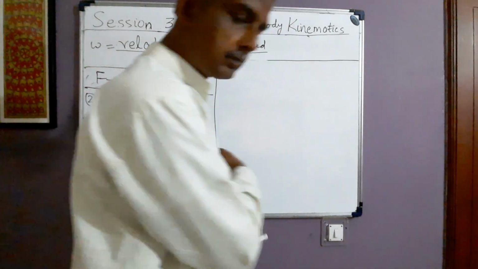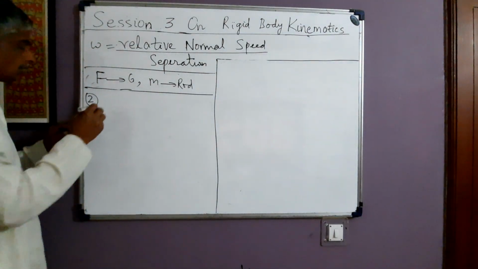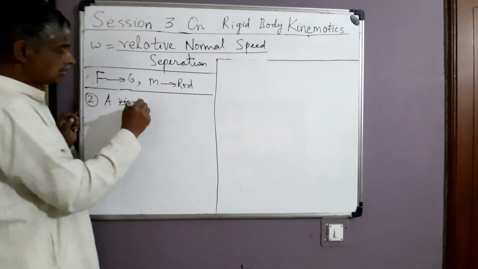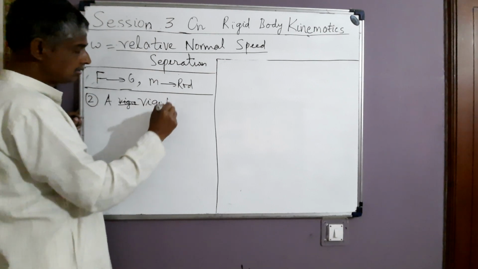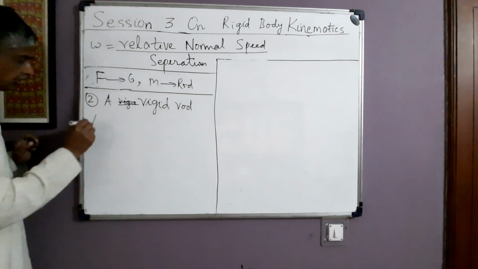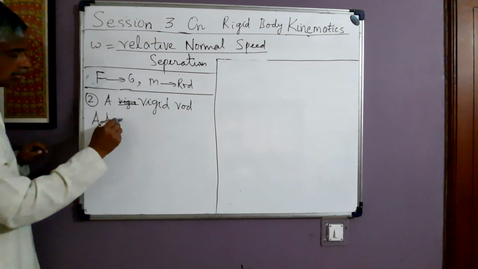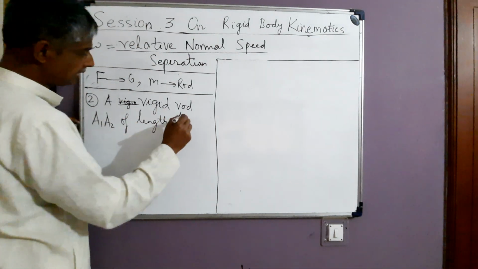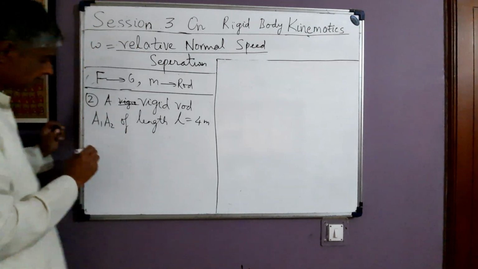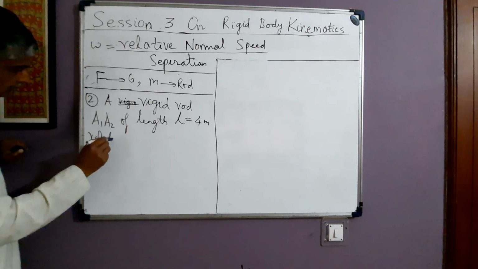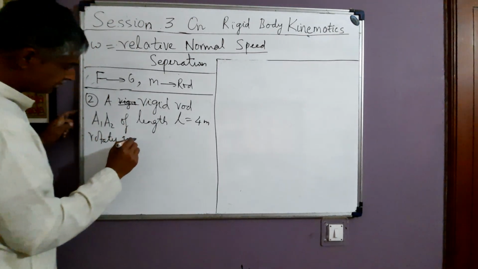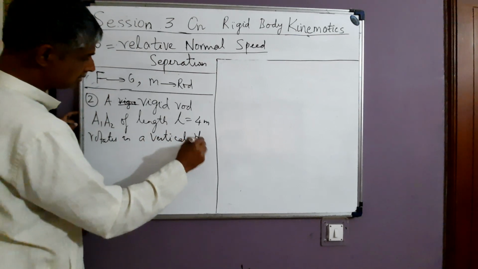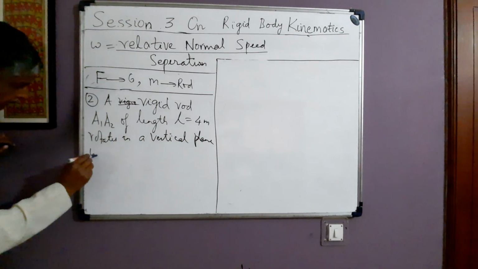Question 2 also I'll specify now. Okay. So a rigid rod A1, A2 of length L equal to 4 meter rotates in a vertical plane with respect to ground.